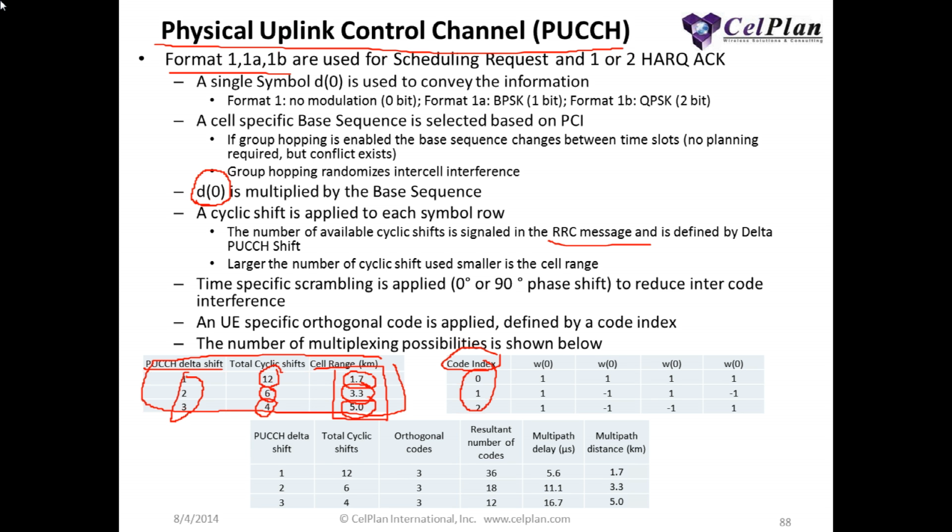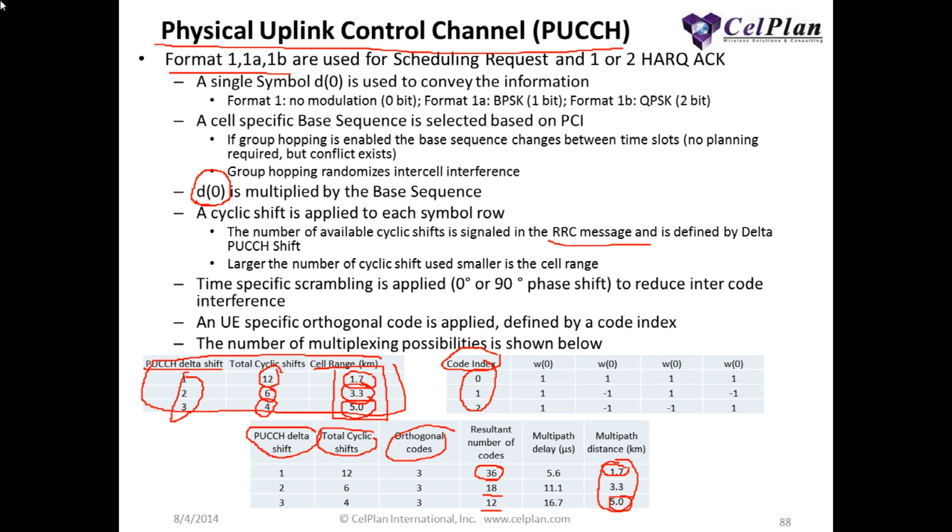So based on the delta shift, the total cyclic shift, the orthogonal codes, this is the number of orthogonal codes that are obtained. So in one channel, between 12 and 36 UEs can share the same channel, and for those distances. So if you have a very small cell, 1.7 kilometers, you can have up to 36 UEs sharing.